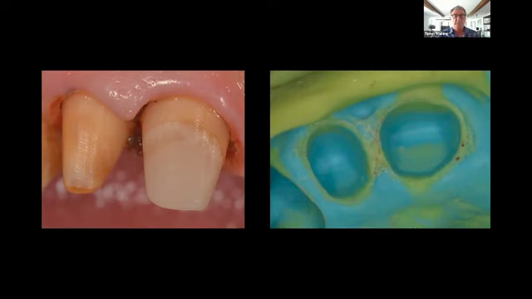Especially a tooth that's got a post in place, we need an absolute minimum of 2 millimeters of ferrule. The more ferrule we get, the greater the longevity of our restoration of that root-filled tooth will be. So I want to get as big a ferrule as I possibly can. And that means from time to time, I'll go 2 millimeters subgingival with my margin. So in a case like that, I'll have a 4 millimeter ferrule, which will lead to a much more successful end result.